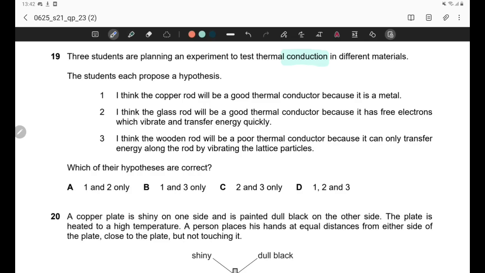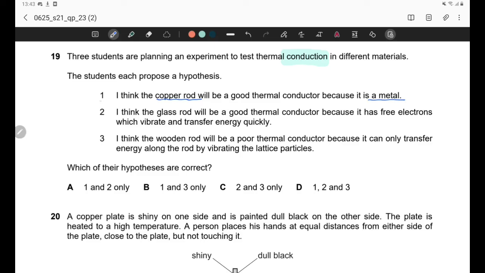So we can check each hypothesis. First, the student said, I think the copper rod will be a good thermal conductor because it is a metal. Yes, metal is a very good thermal conductor as it consists of lots of free electrons. They can easily move from one side to another. So these free electrons will carry heat energy from the hot side to the cold side easily.